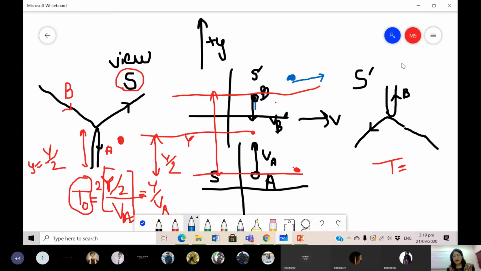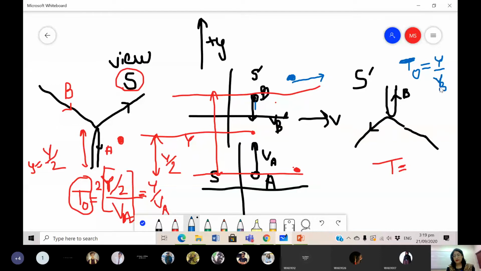So in S dash, T0 will be defined. What will T0, the proper time, be? Proper time is defined as the time that an observer in the same frame as the event measures. So T0 will be defined again as y divided by VB dash.